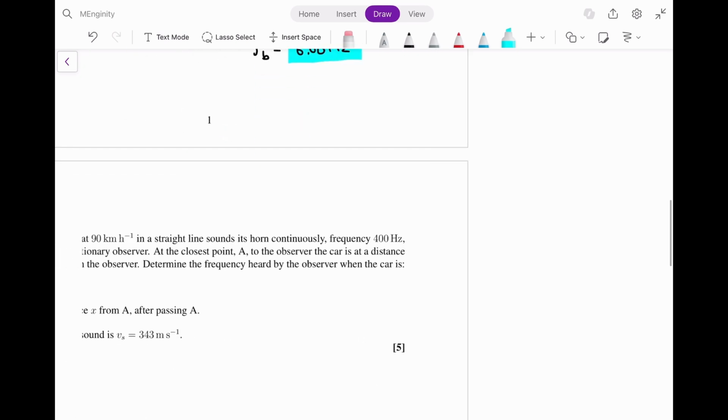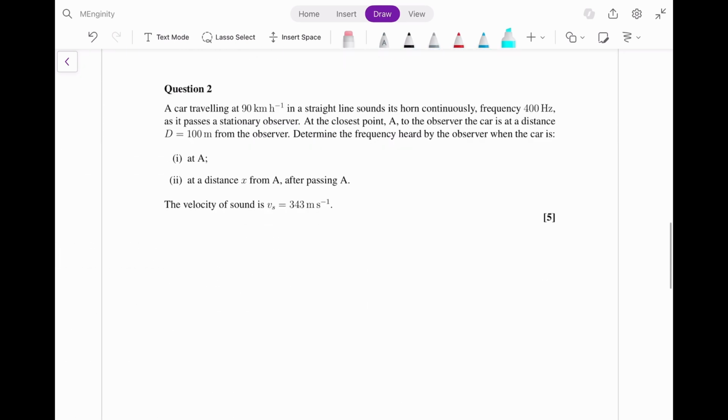Now let's see question 2. It says, a car traveling at 90 kilometers per hour in a straight line sounds its horn continuously at frequency 400 hertz. As it passes a stationary observer, at the closest point A to the observer, the car is at a distance d of 100 meters from the observer.